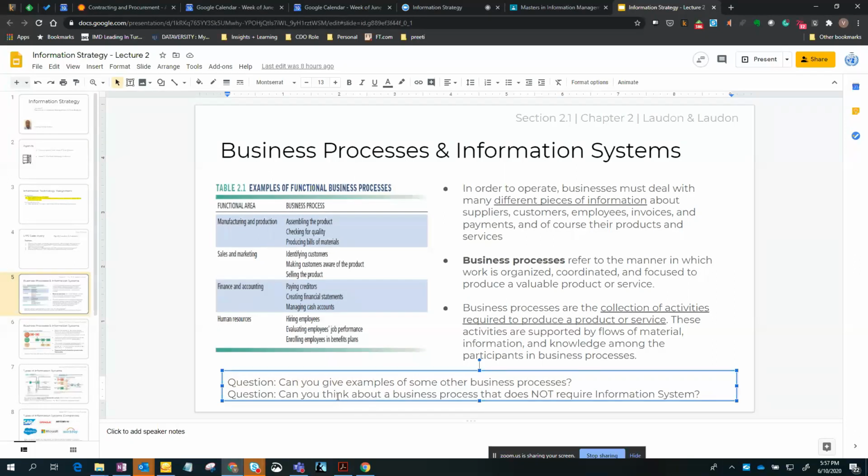Let's assume that post office did not have any information systems in it, and so the post office will collect all the letters, and then by hand somebody will sort the letters from the name of the city and the name of the state or province, etc. And then somebody will pick up the relevant letters and go and deliver it in each of the houses either on cycle or on foot. And so that is a business process that does not use information systems.